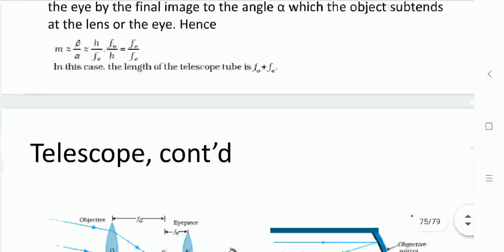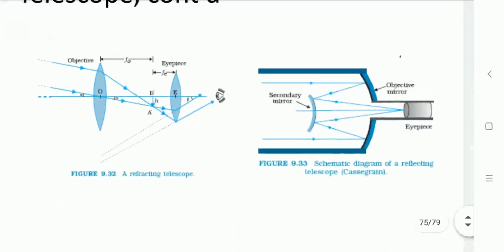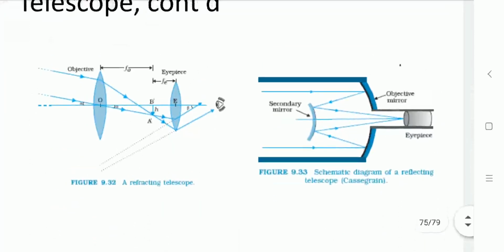Let us focus on the diagram. Here also a compound lens is available. The first lens is the objective lens and the second lens is the eyepiece lens. The objective lens has a larger focal length and larger aperture than the eyepiece lens.